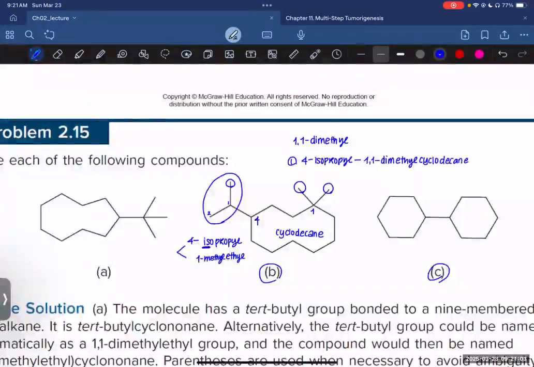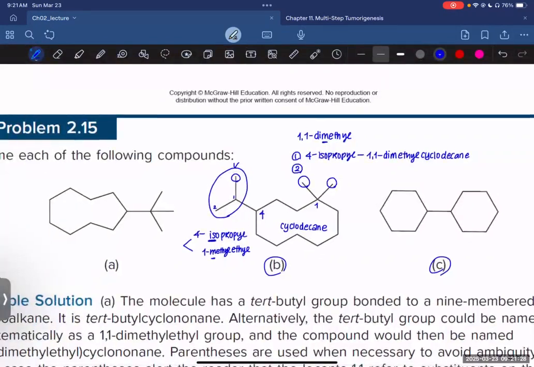Now, if we use the IUPAC nomenclature to express this substituent, the alphabetizing is different because they both start with an M. So we consider the locants when writing the name.